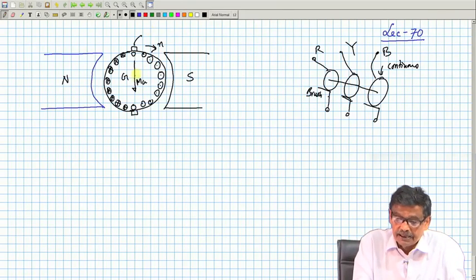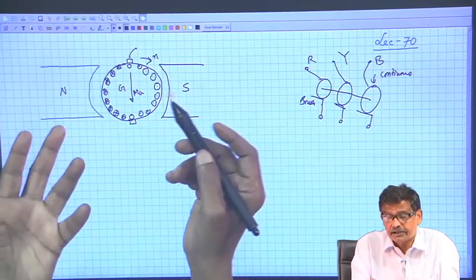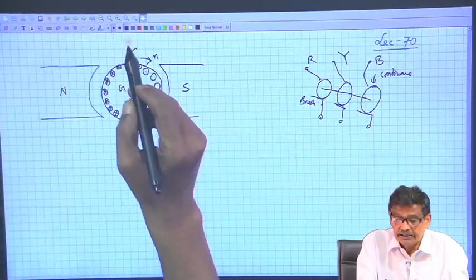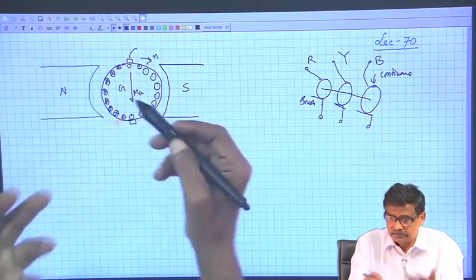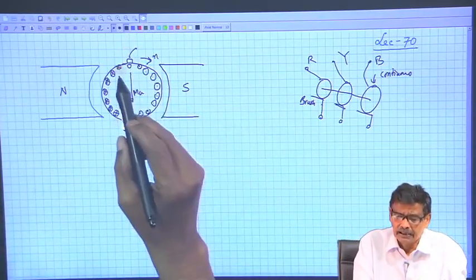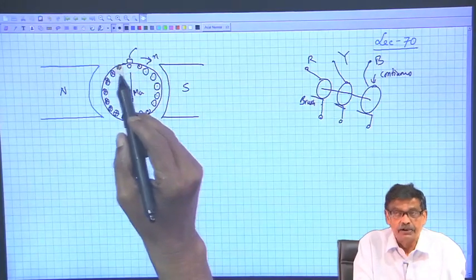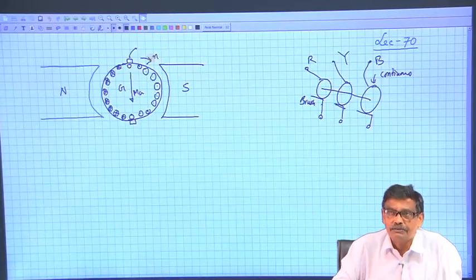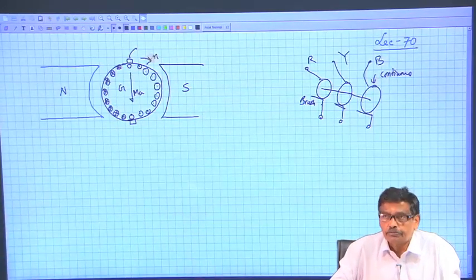Armature flux, this MA, depends upon IA straight away. If it is a large machine, large current, MA will be large, this quadrature B will be large, there will be large voltage, circulating current, and induced voltage in the coil undergoing commutation will also be large because of the inductance effect, so more flashover is expected.